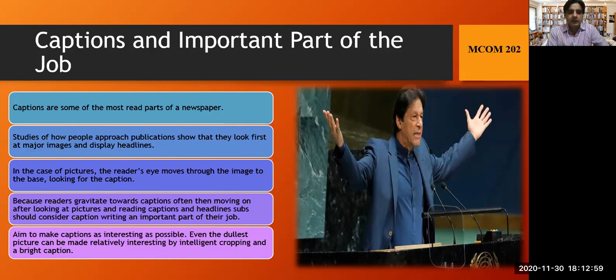Because readers gravitate towards captions after looking at the picture and reading headlines, you should consider caption writing an important part of your job. The aim is to make the caption as interesting as possible. Even the dullest picture can be made relatively interesting by intelligent cropping and bright captions.